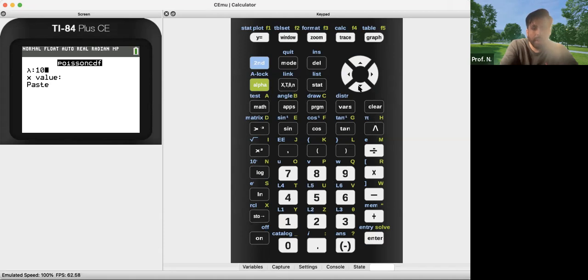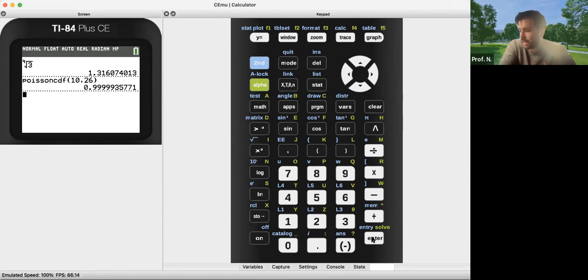And of course here the x value is up until a particular x value. So if you do up until 26, you're going to find the probability of x equals 0, 1, 2, all the way to 26. So when you get that, you get 0.99999.